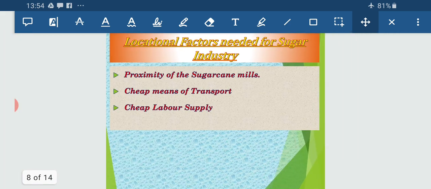Second, the locational factors. Now, the sugar cane is comparatively very big in size and heavy. So obviously sugar mills should be located nearby the sugar cane areas.